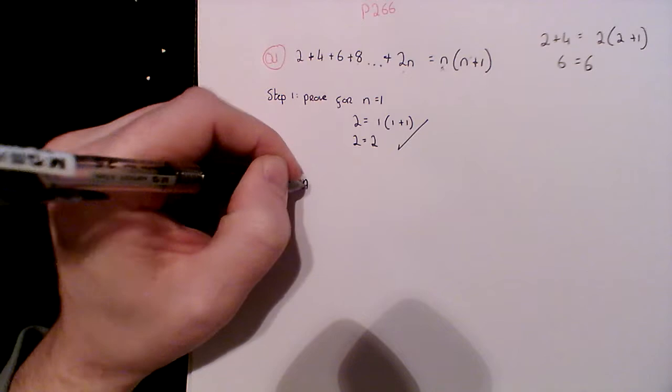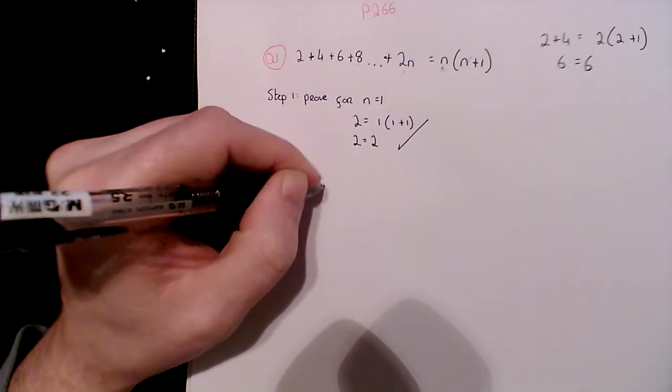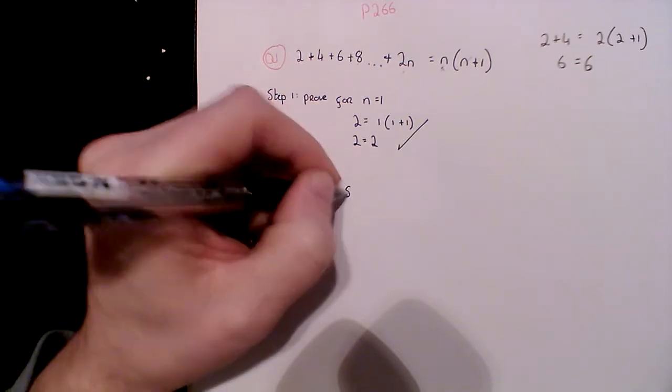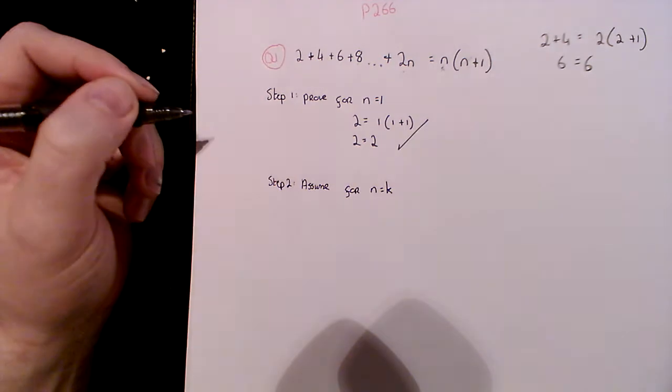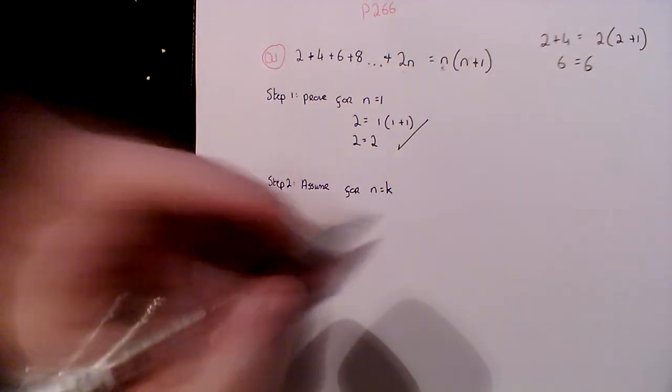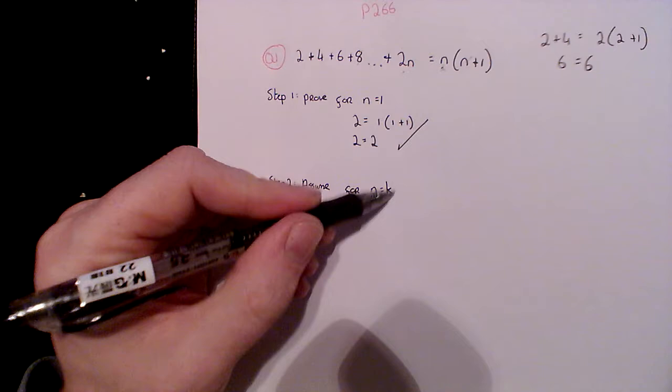Next, step 2, assume for n equals k. So assume that's true when I replace n with k.